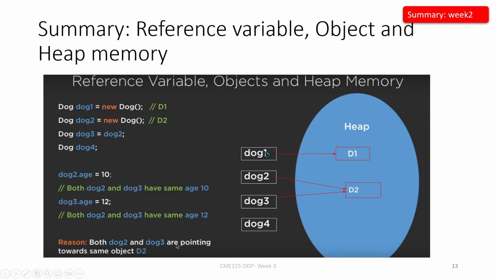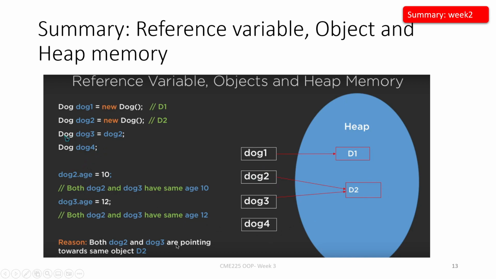And here is a good example. We have dog 1, 2, 3, and 4 in the stack memory, and in the heap memory we have objects for them. For example, for d1, d2, we created objects here. If I say dog2.age is 10, since dog2 and dog3 are pointing to the same object, that means if I make any change here for dog2, dog3 will get the same value because they are the same object.